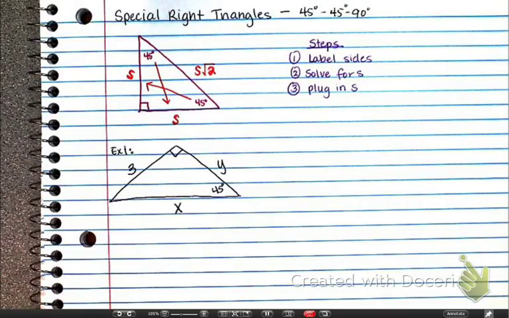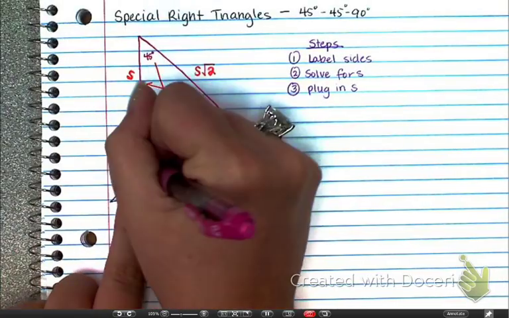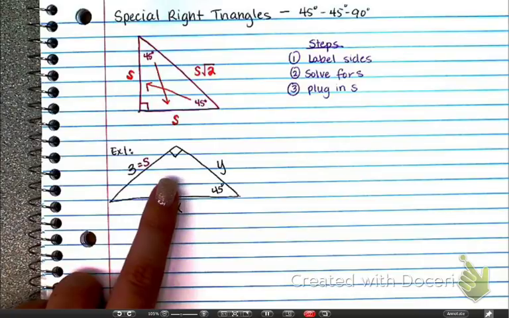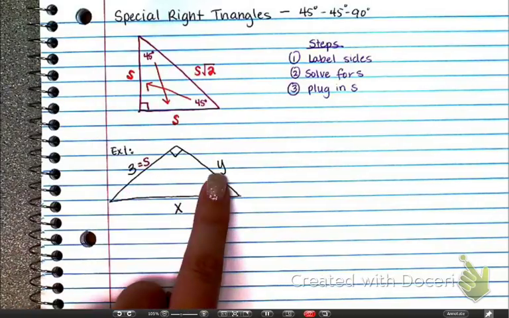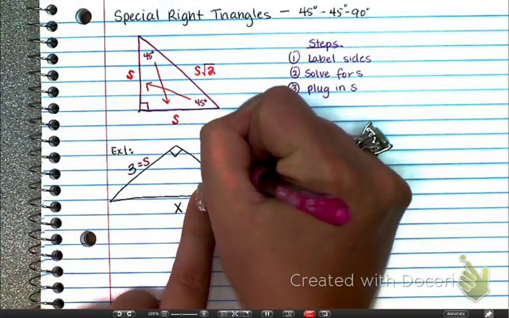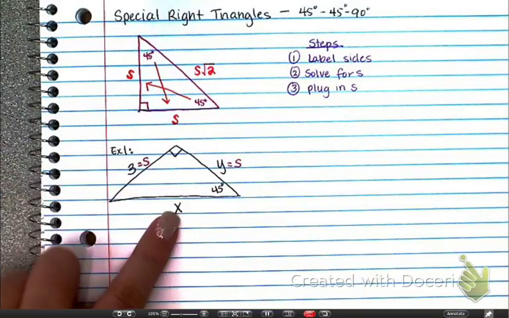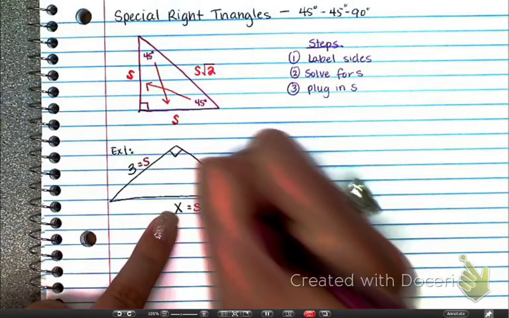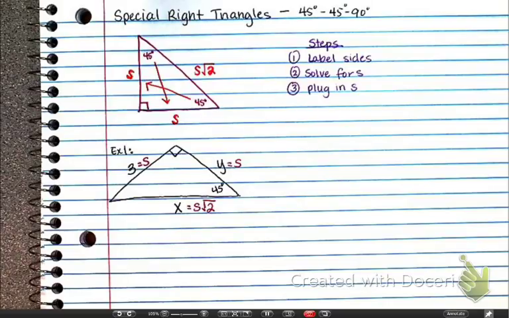So across from each of the 45-degree angles is an S. So if I go across from 45, I'm going to do S, and you'll notice I'm putting an equal sign because that side length equals S. Across from this 45-degree angle, and even though it's not labeled, we know it's 45, is going to be another S. And then across from 90 is S square root of 2. Okay, so S, S, S square root of 2. So we labeled all of our sides.